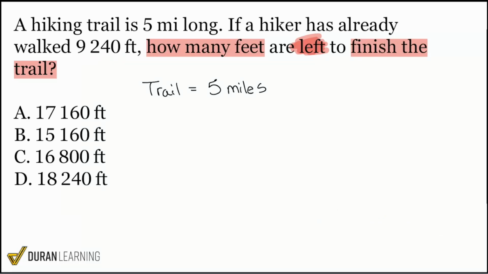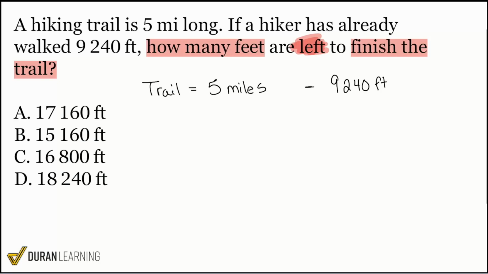Okay, sounds good. So we need to take the 5 miles that the trail encompasses, and we want to subtract over here the 9,240 feet. So the clear issue here is that we have miles and feet, and if we want to subtract, well, we got to make sure that at the end we get feet. That's what our answer choices say.